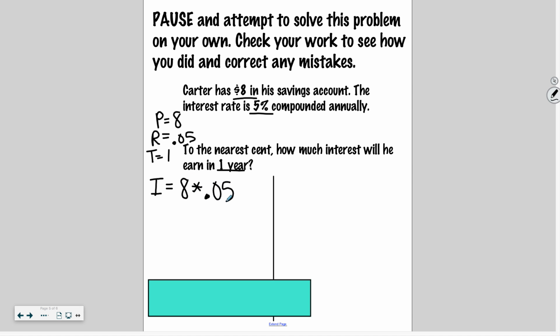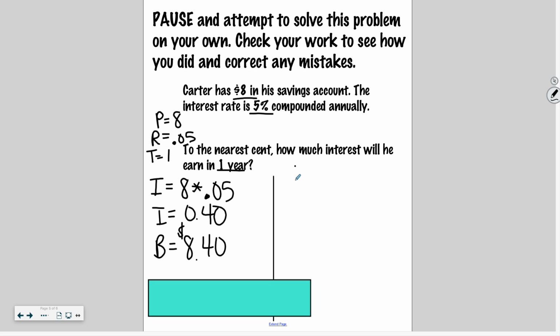Handy dandy calculator, 8 times 0.05 gets me an interest of 40 cents. And that would mean my balance is $8.40.